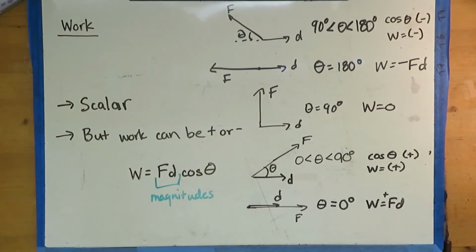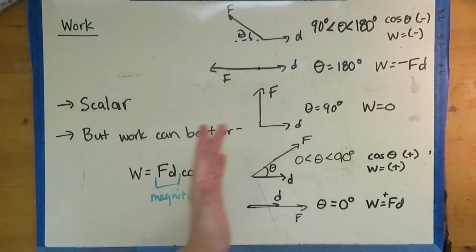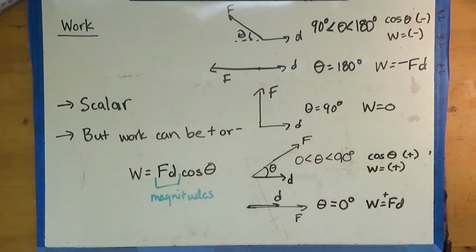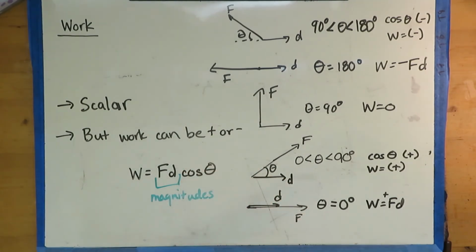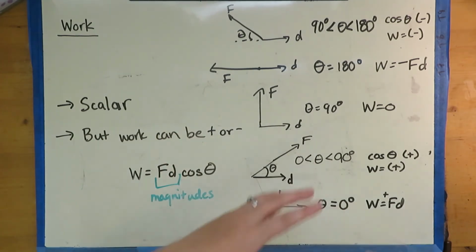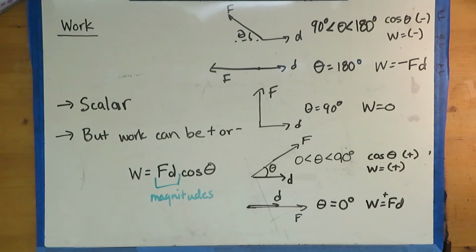So essentially, I get positive work if my force is working with the displacement. If my force has at least some component that is in the same direction as displacement, that's going to cause positive work. And that positive work is going to mean that my objects have a tendency to speed up due to that force. That force is working with the displacement.